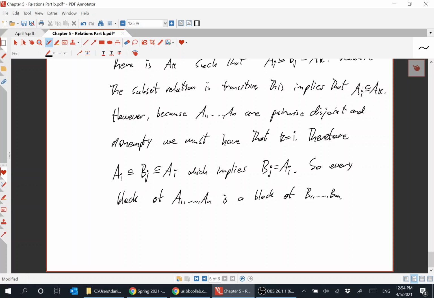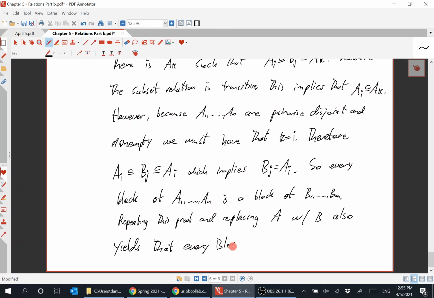In a similar fashion, we can prove that every block in the B's, just repeating this proof, exchanging A's with B's, replacing A with B, also yields that every block of B_1 to B_m is a block of A_1 to A_n.